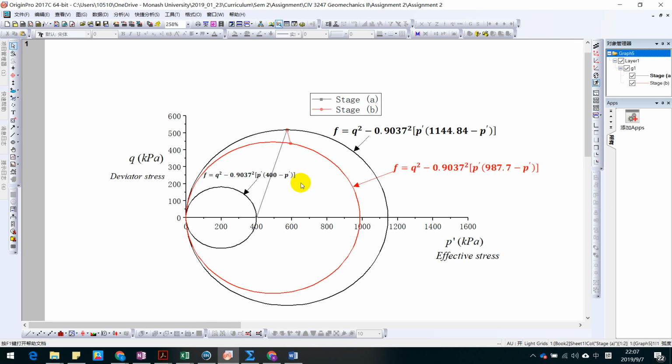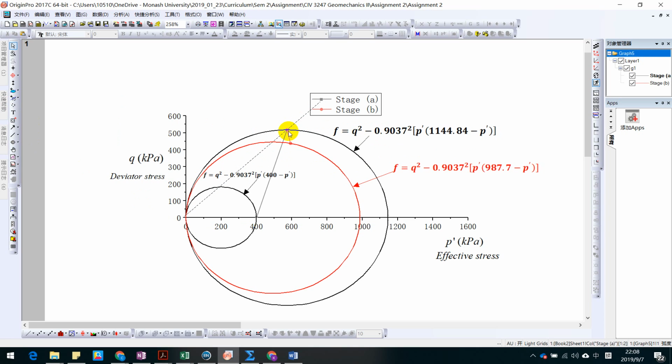This is very easy. And the last important thing is how to calculate the yield surface. When you go from here to here, for example, this yield surface is calculated from this point, as you know, because this point is on the CSL line.